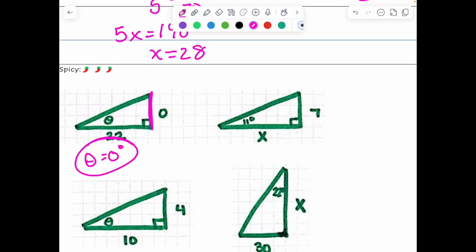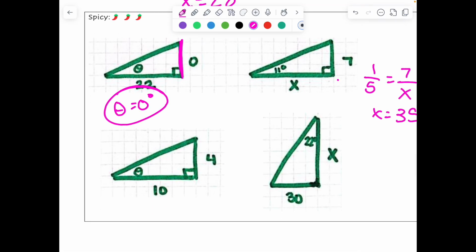Here, the 11-degree angle, we know that 11 degrees is 1 over 5. So 7 over x, x equals 35. Here, 4 over 10 simplifies to 2 over 5, so this is a 22-degree angle.